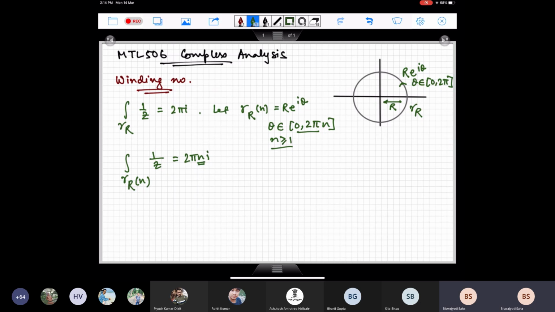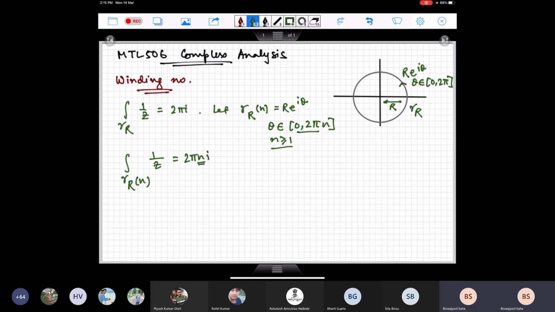Okay, so what you see is that just because the trace of two paths are the same, the integral need not be the same. Depending on how the path is traced, your integral can change. Like I was telling you, gamma r n is the same path as gamma r but traced n times.